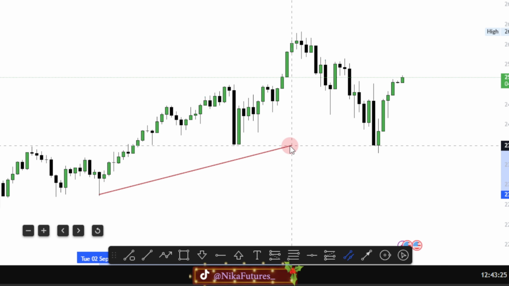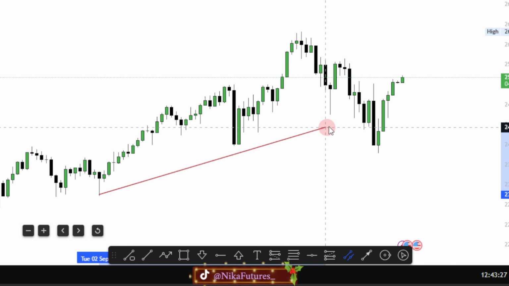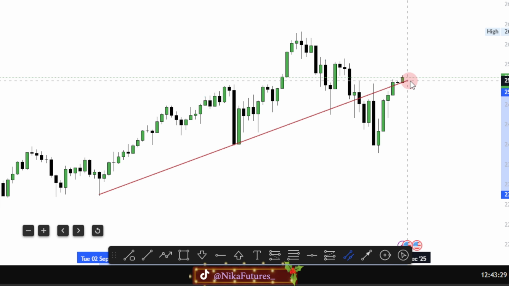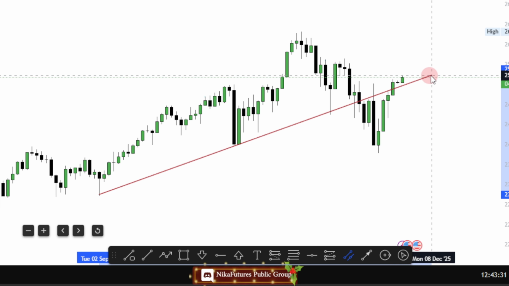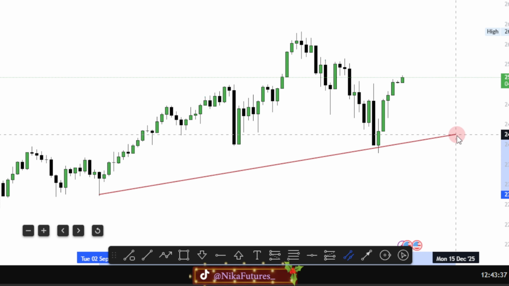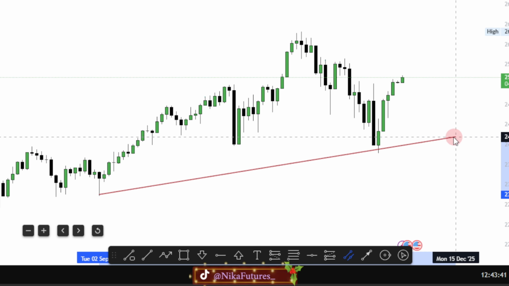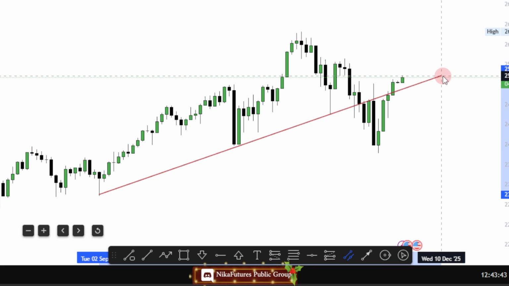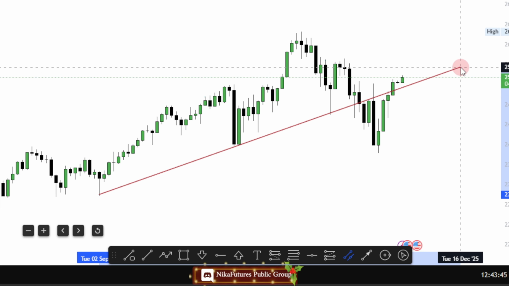And then I personally just let it align. I want it to touch. I wouldn't draw it like this because it just looks wonky. You want price to touch this line multiple times without drawing it all types of ways, if that makes sense.